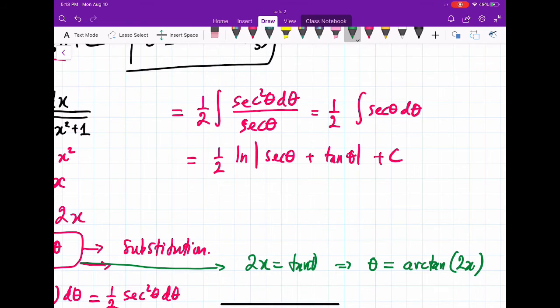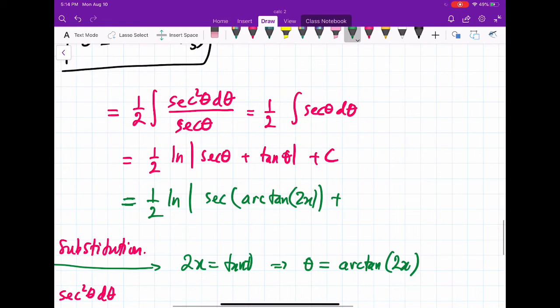So you plug this into the answer, you have 1 over 2 ln of absolute value of secant of arctangent of 2x plus tangent arctangent of 2x, plus c.